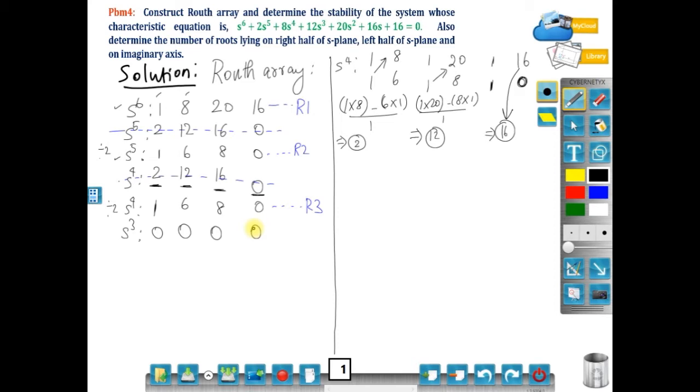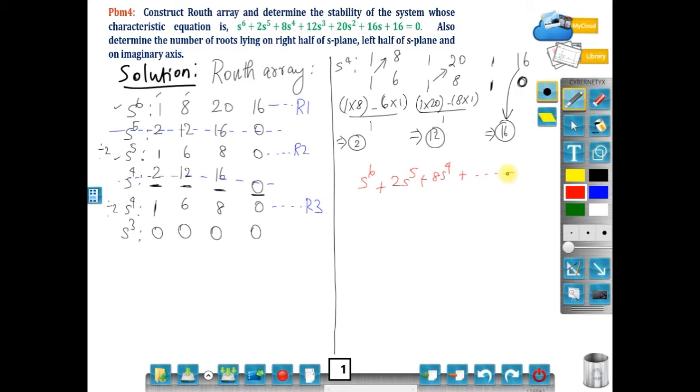Let us consider the given characteristic equation: s power 6 plus 2 s power 5 plus 8 s power 4, and it goes on likewise. The scientist Routh invented one technique.